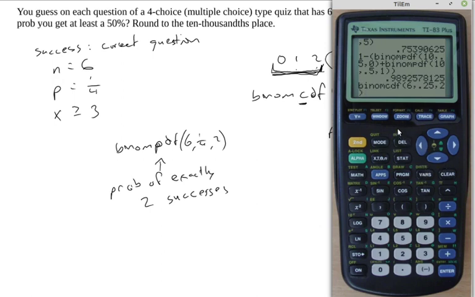Don't forget when you're dealing with these calculators, if I was to just press 1 right now, it would overwrite this BinomialCDF. Instead, I want to change it to insert mode. You can see insert is right there above the delete key. So if I press second and then that key, it changes my cursor. This cursor is more like what you'd see if you were working in a word processor. It's the underline, the underscore that's flashing. So now if I type in a 1, it just pushes things over, and 1 minus.